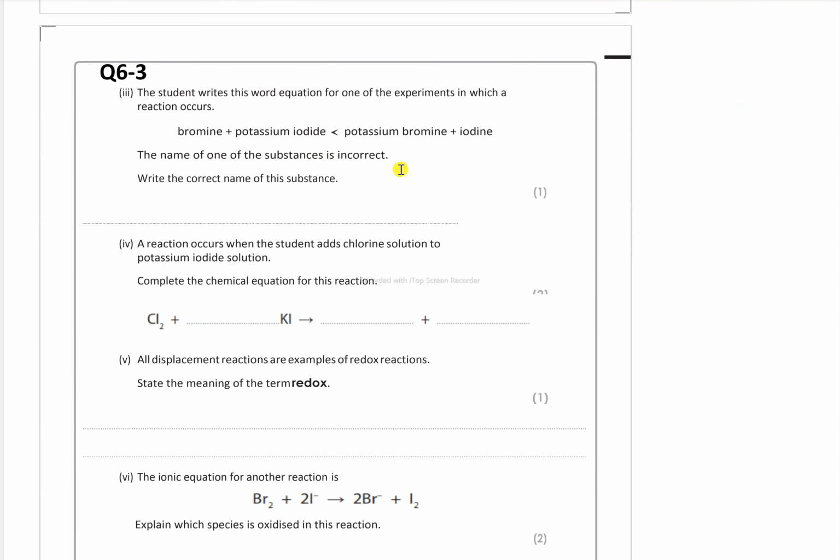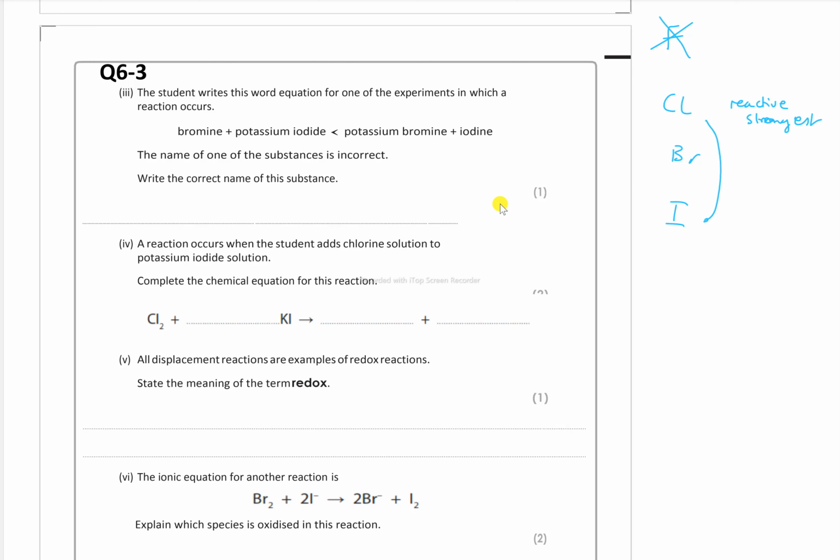Anyway, let's move on. You've got bromine plus potassium iodide, so you've got chlorine, bromine, iodine. We said fluorine is too reactive, we don't even include it in that list. This is the most reactive, and I look at it as the strongest.